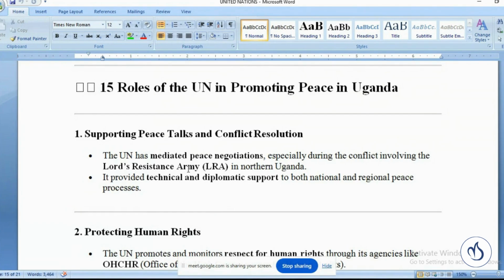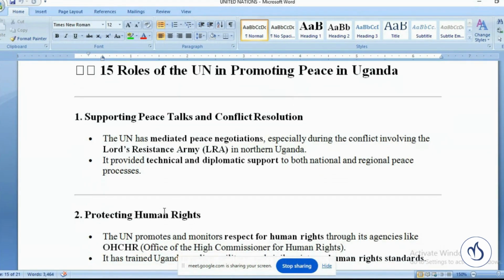When people own guns illegally, it's high insecurity to the country and to the people. So UN tried to disarm people in northern Uganda, and it provided technical diplomatic support in both national and regional peace processes.